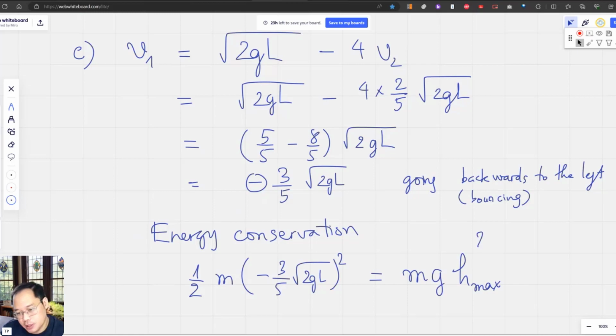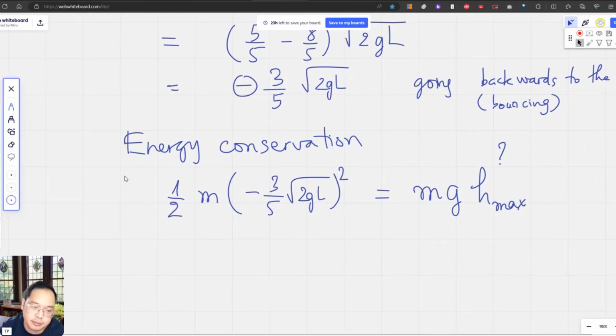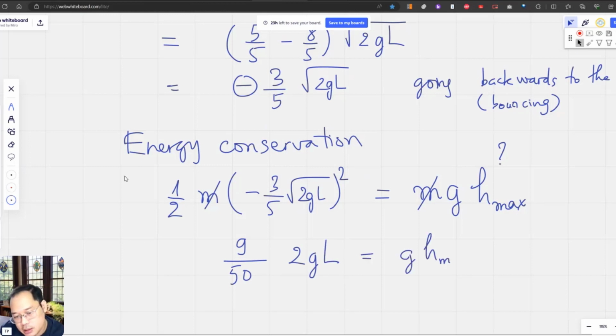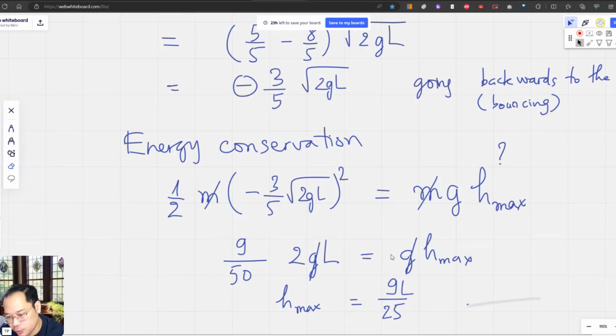Solving this equation, simplifying the mass, 9 over 25 times 2gL over 2 equals g times x max. Then simplify g. So x max is 9 over 25 L, which is the same as the answer. L is the length of the rod or the string.